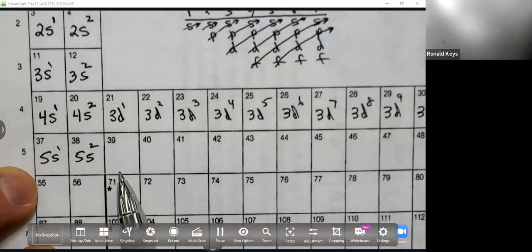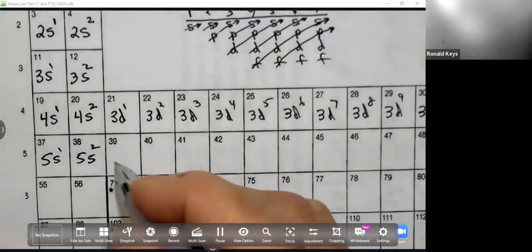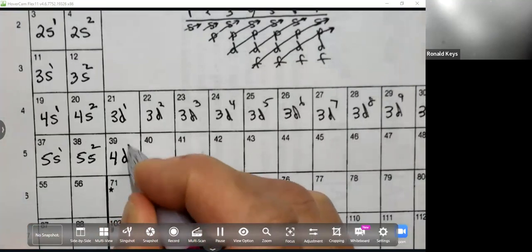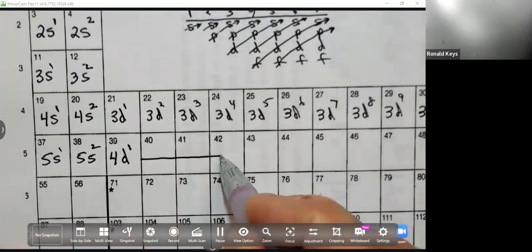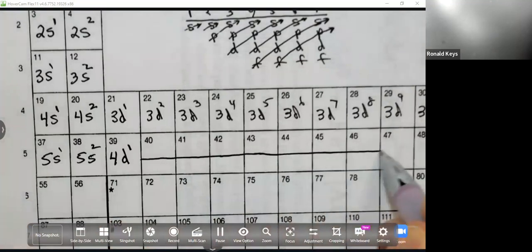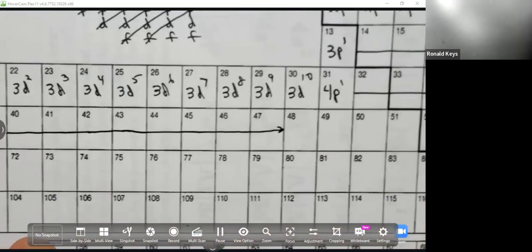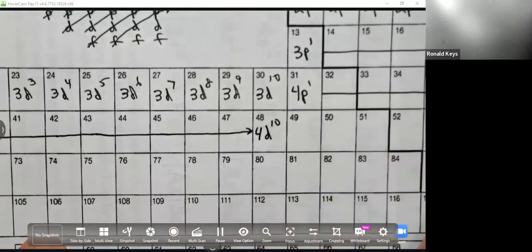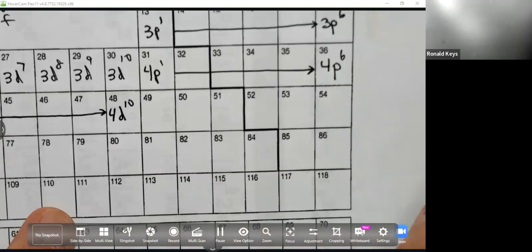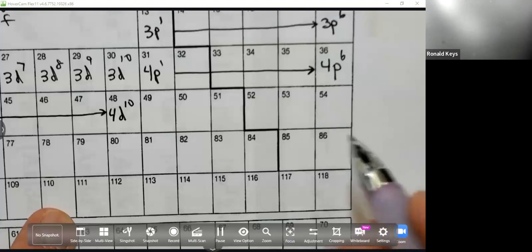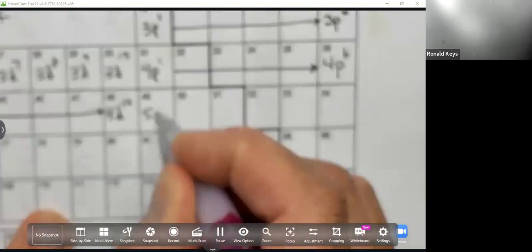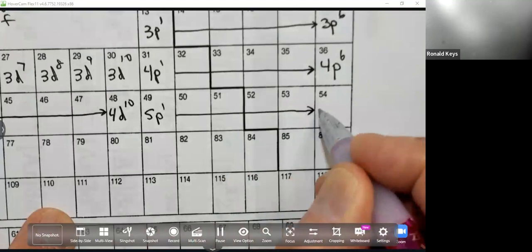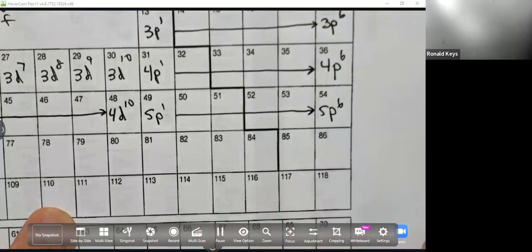After 5s2, what do you suppose? 4d1. I'm going to arrow that over, 4d1 through 4d10. After 4d10, what do you suppose we got here then? 5p1, 5p6.